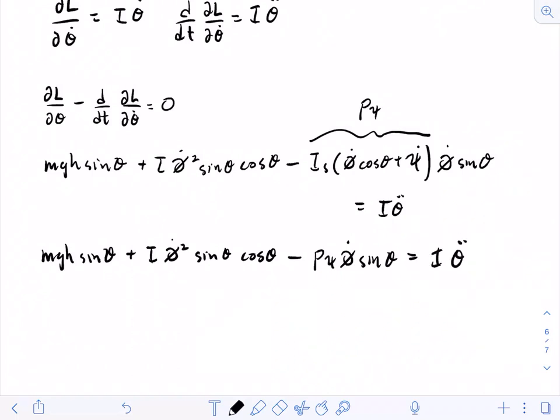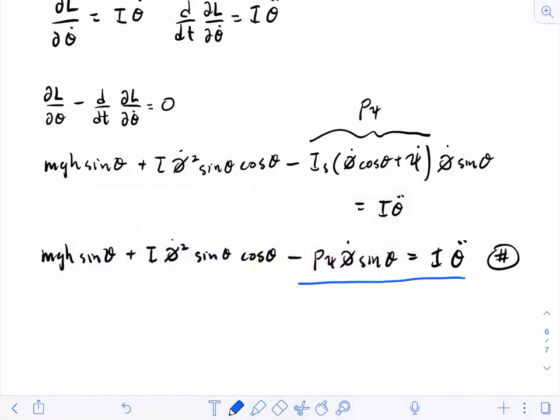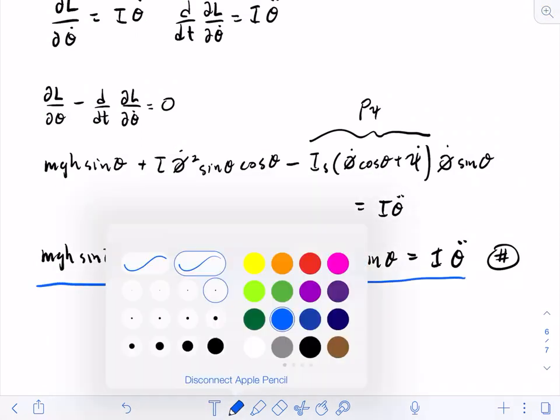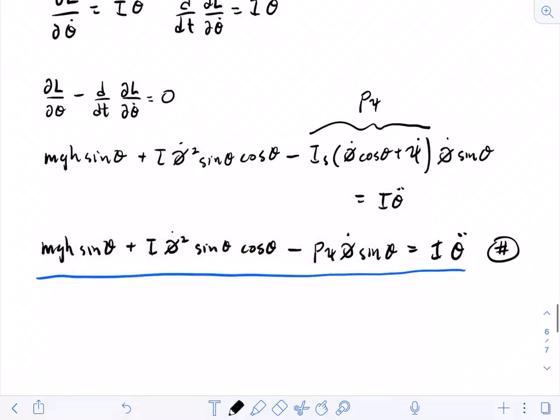Let's call this equation number sign, and we're going to come back to that in a little bit. But anyways, that's the analysis of the Lagrangian. And so we got our 2 conserved angular momenta, and we've got our equation of motion for theta.